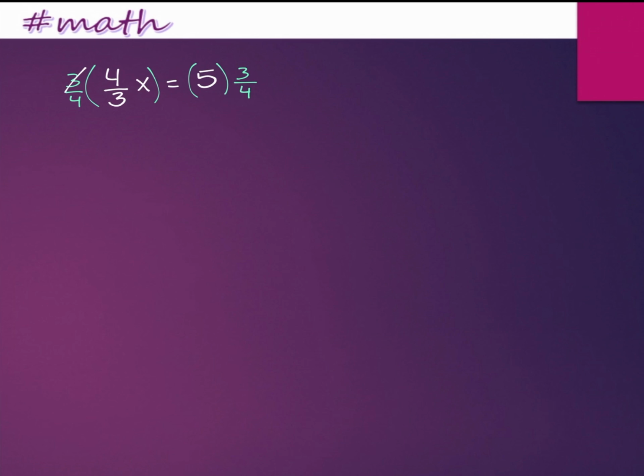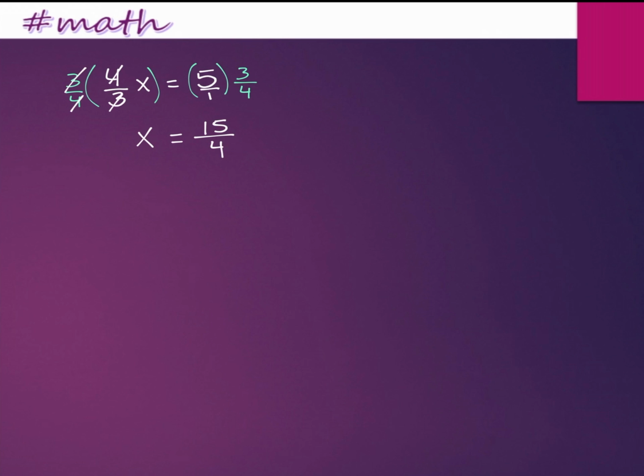The 3 is going to cancel with the 3, the 4 with the 4, and we get our x alone. Nice there. Remember that below that 5 there's always a 1, and we are multiplying fractions. So we multiply the numerators. 5 times 3 is 15, and 1 times 4, the denominators, are going to be 4.